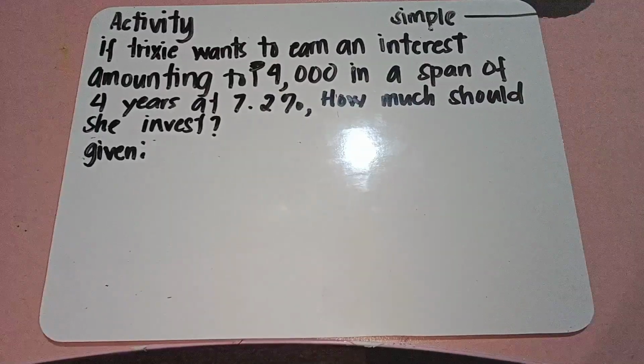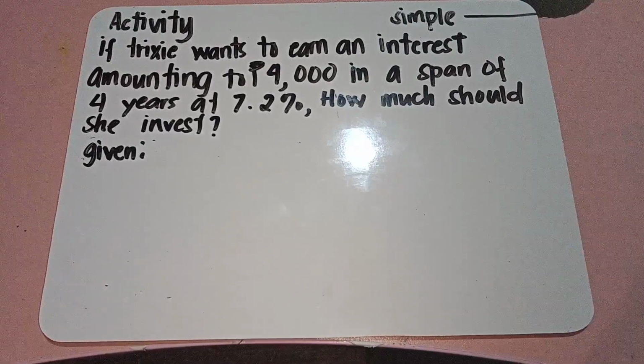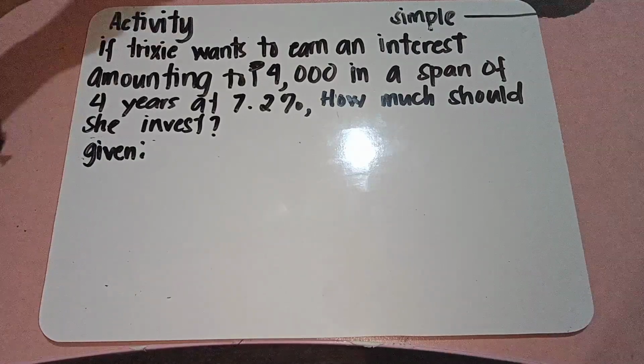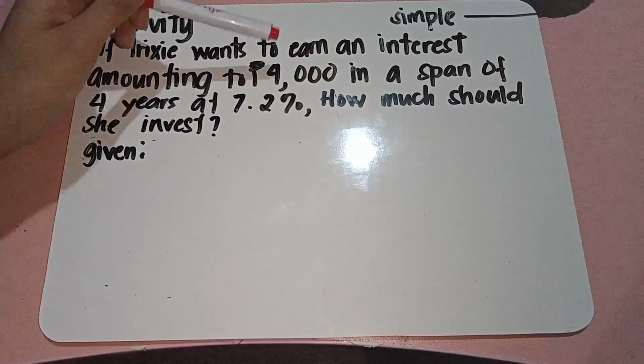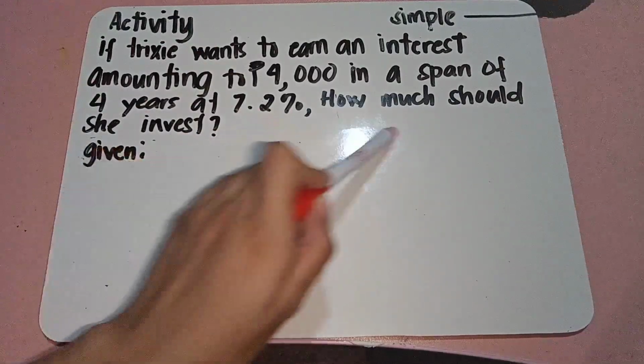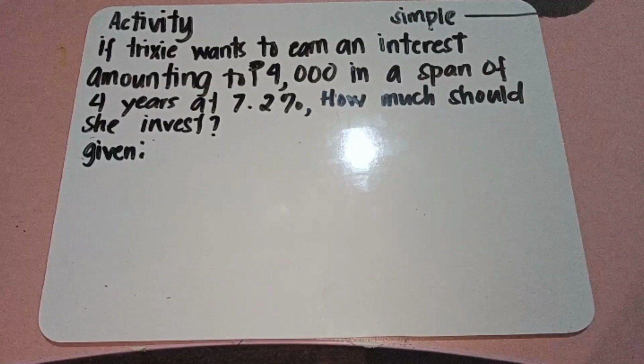Now it's your turn to solve simple interest. Here I have an activity that you can answer or solve within 5 to 10 minutes. Question: if Trixie wants to earn an interest amounting to 4,000 in a span of 4 years at 7.2%, how much should she invest?